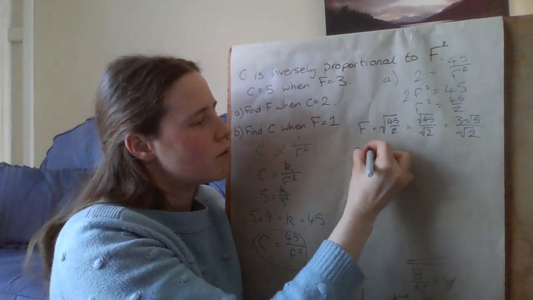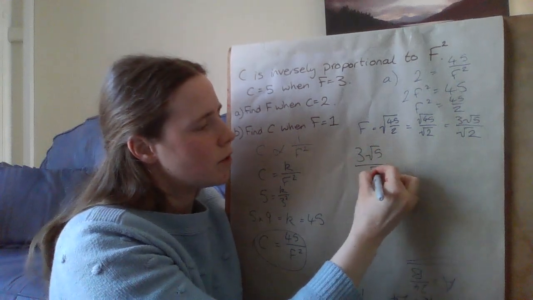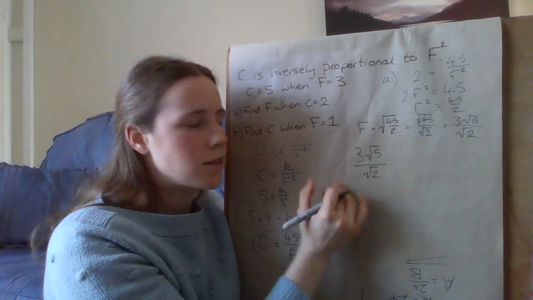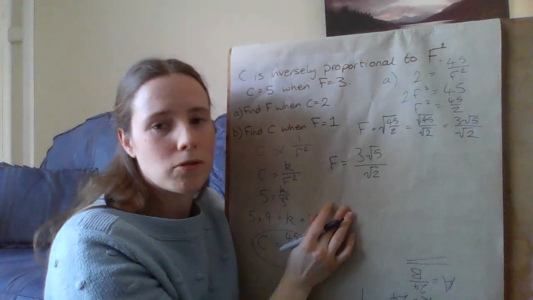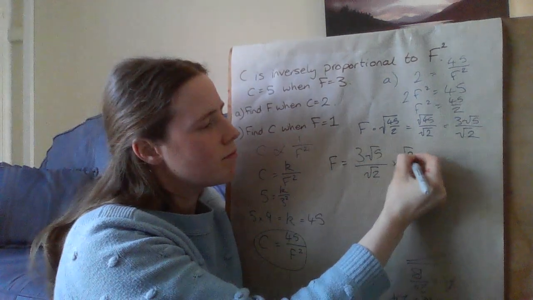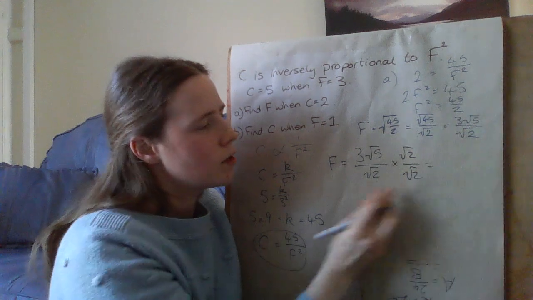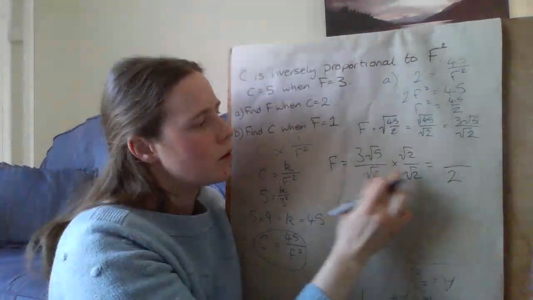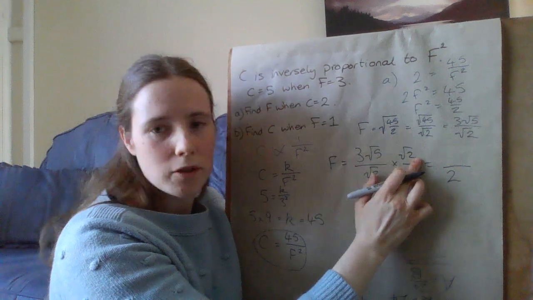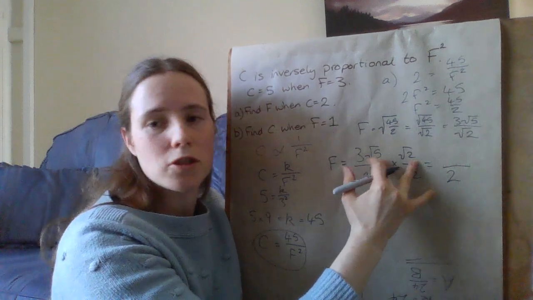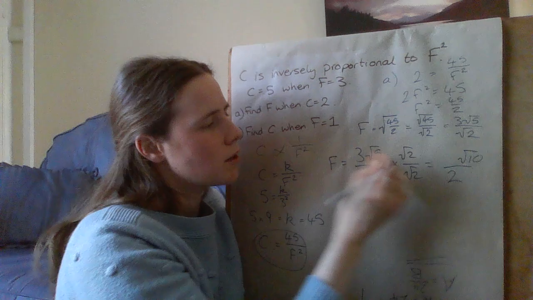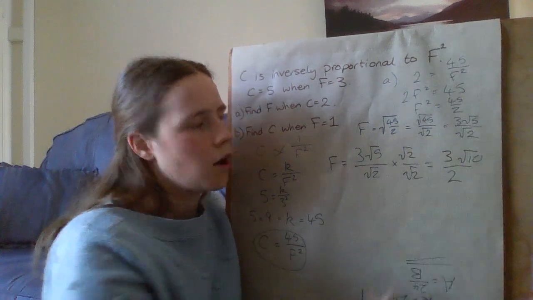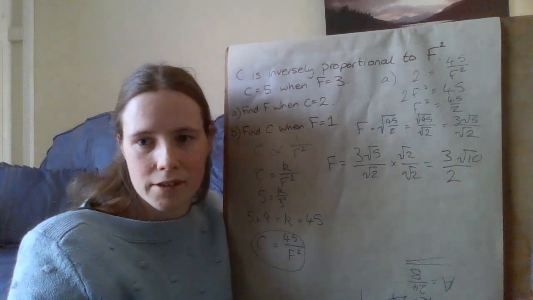To rationalise that denominator, I need to times top and bottom by root 2. Root 2 times root 2 is root 4, which is 2. 3 times root 5 times root 2. Well, root 5 times root 2 is root 10. So 3 times root 10 over 2, or 1.5 root 10s. Okay.